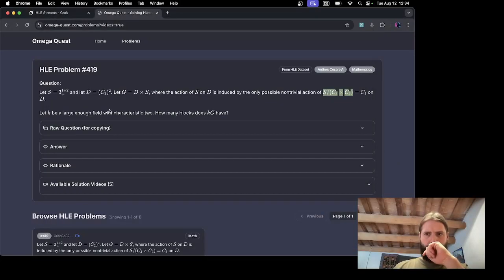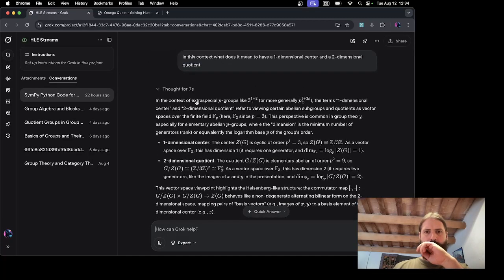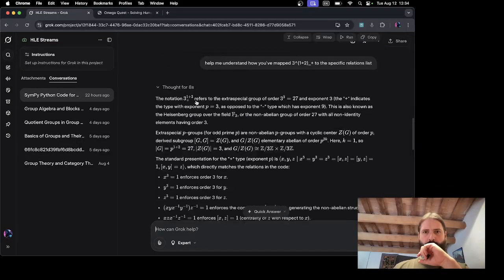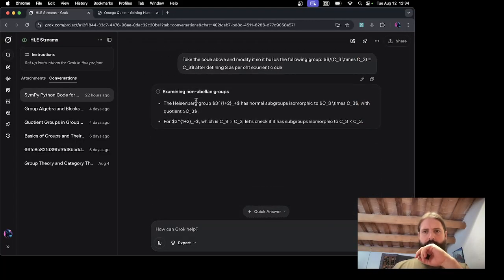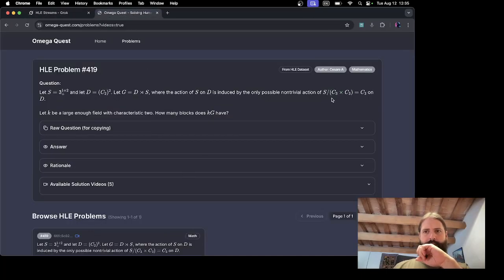Okay, so we've asked Grok now to take the code from above and modify it so that I can build S over C3 squared.